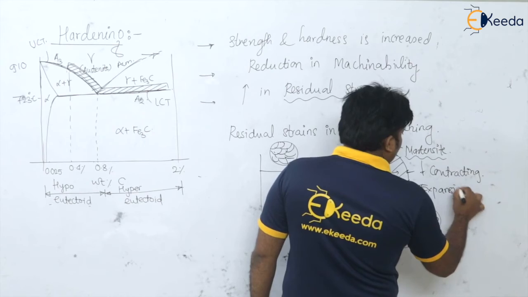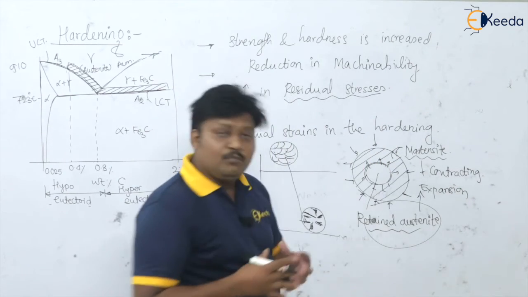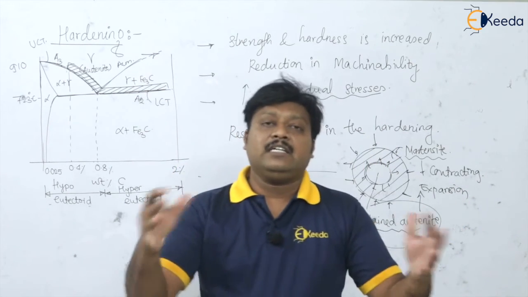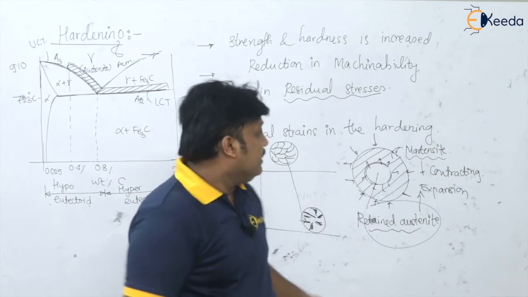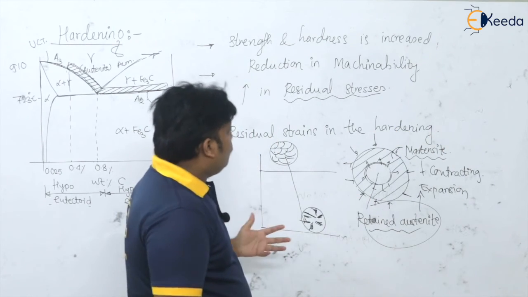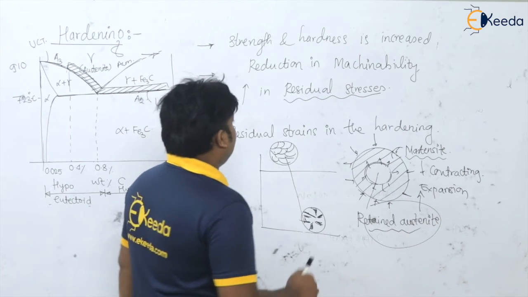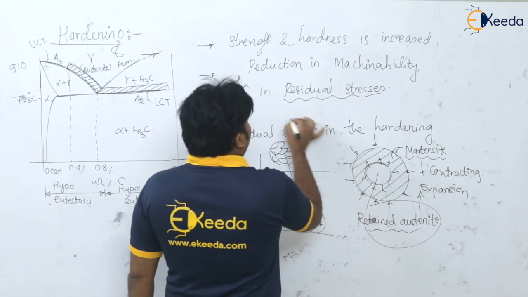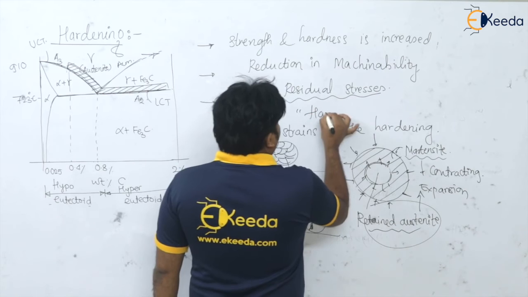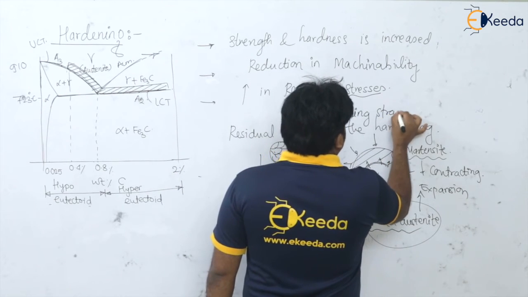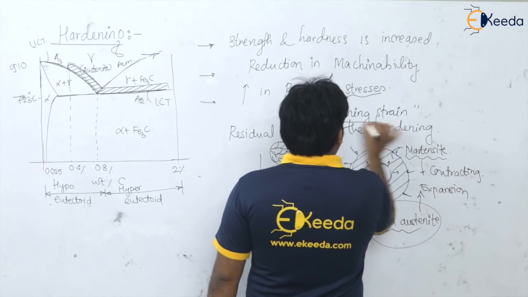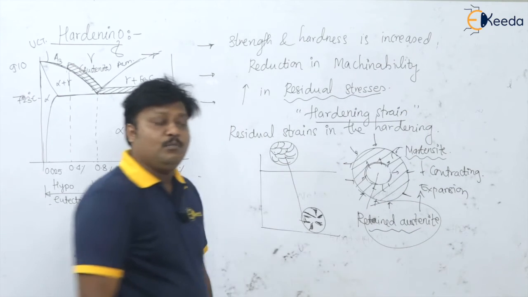So because of this, the core of the object is expanding, whereas the outer part of the object is contracting. That is the reason why a huge amount of hardening strain, which I have written here, is produced during this hardening operation.